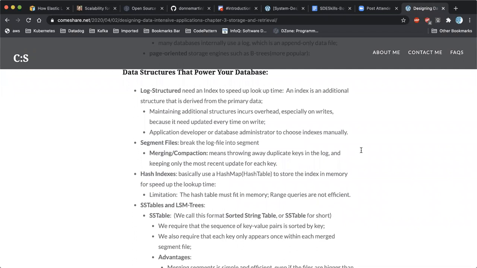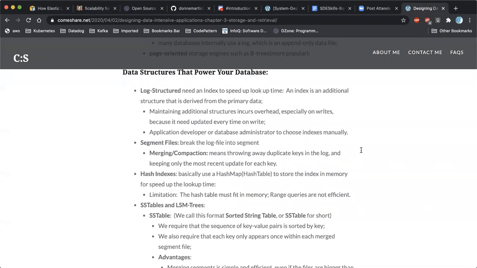By segmenting, the segments can be compacted in the back end while we work on the latest one, removing the duplicates and maintaining one unique key-value in the segments. That way we keep the storage sane.